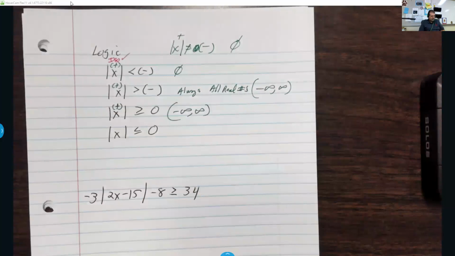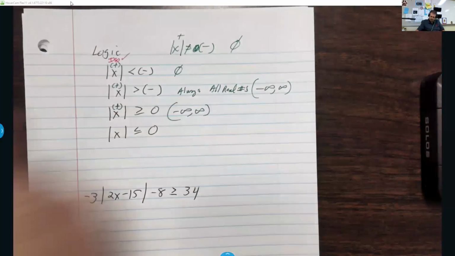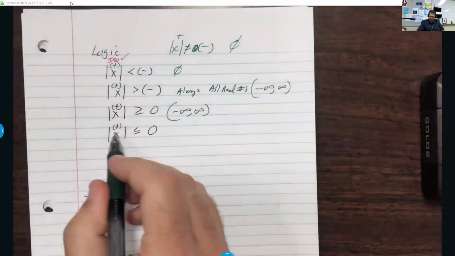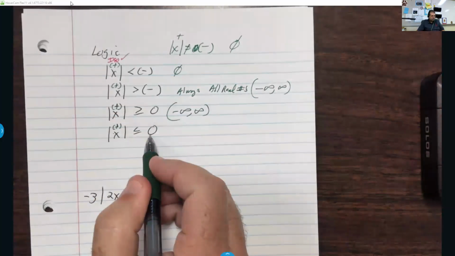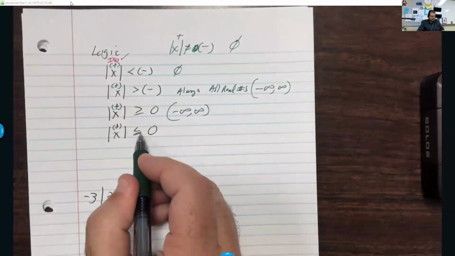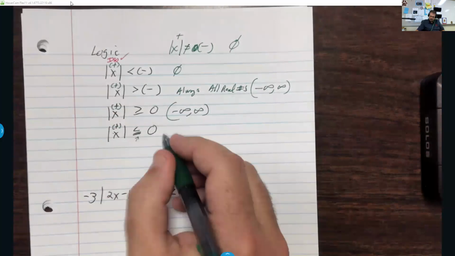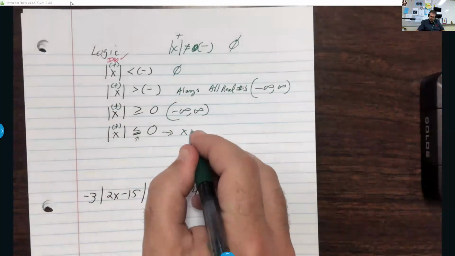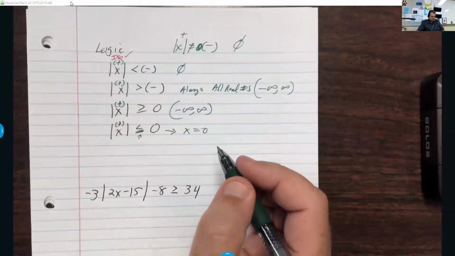All right, and then the last one I have here is absolute value less than or equal to 0. So it's positive, right? Can a positive ever be less than 0? No. But can it be equal to? This little piece right here is important. So the only thing here is x can equal 0. Okay?